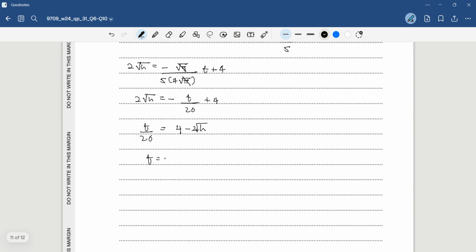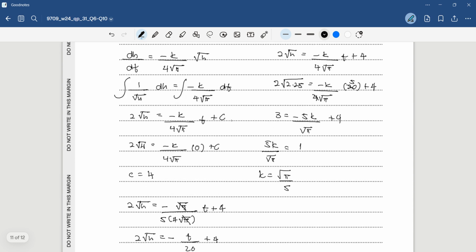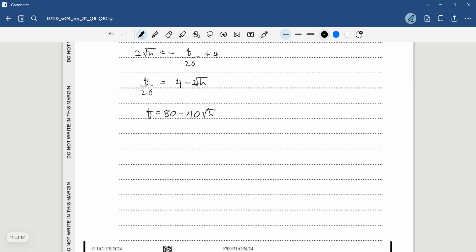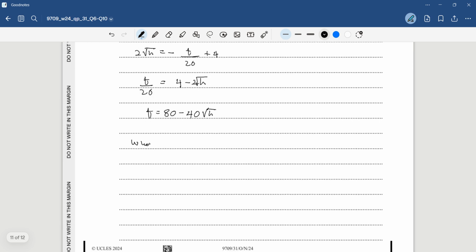So t equivalent to 80 minus 40√h. Okay, and they ask you to find the time taken for the tank to empty. So when h equal to 0, t equal to 80. So this is the time for the tank to be empty.